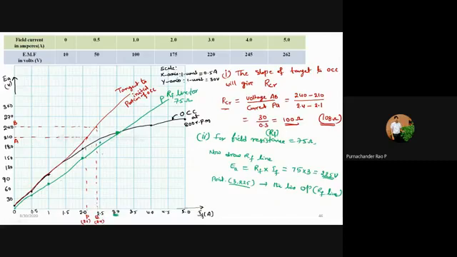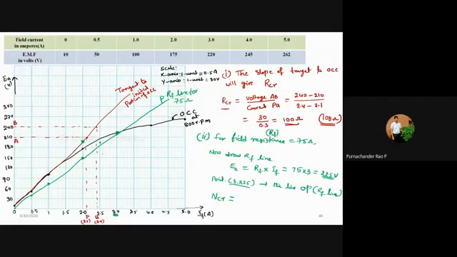Then next we need to find out NCR, the critical speed for the given machine. For that, we'll take any two points on this RF line and on the tangent to the OCC.